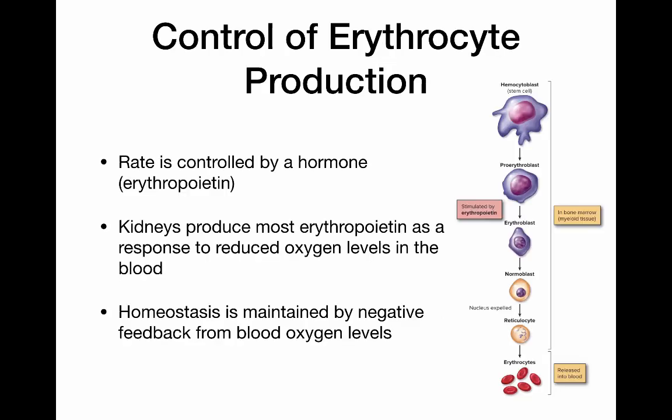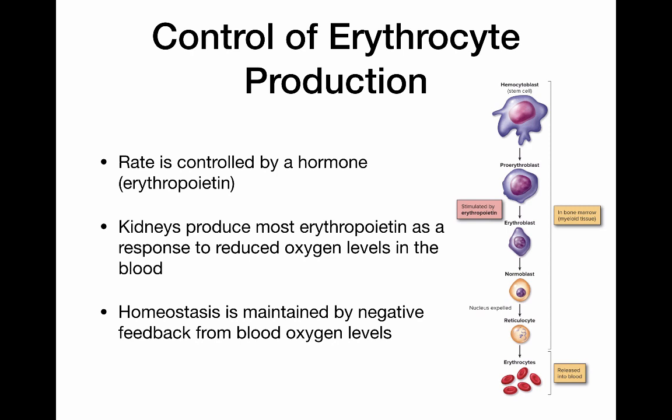This process of erythropoiesis is controlled by a hormone that's actually produced in the kidney called erythropoietin. So erythropoietin is produced by the kidney in response, traditionally, to oxygen levels in the blood.